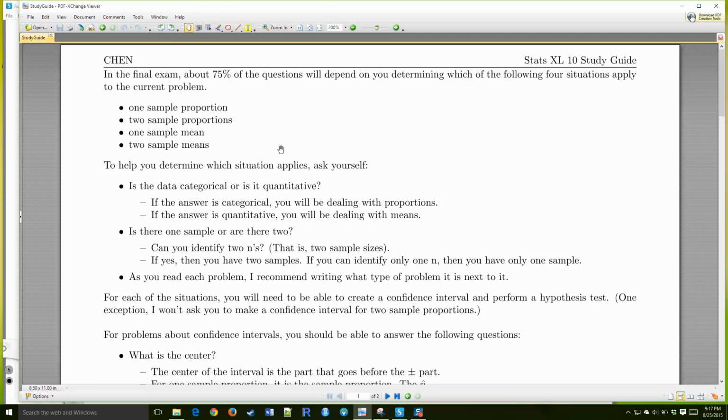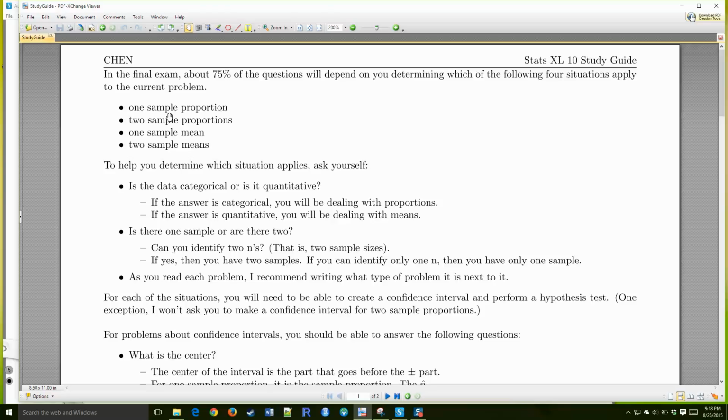Very importantly, in the beginning, we have to ask ourselves: are we dealing with proportions or means? And do we have one sample or two samples? If you're dealing with categorical variables, you're dealing with proportions.